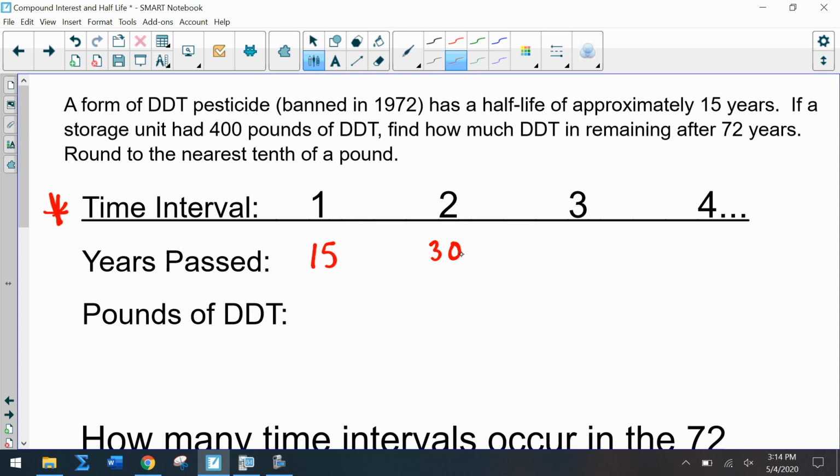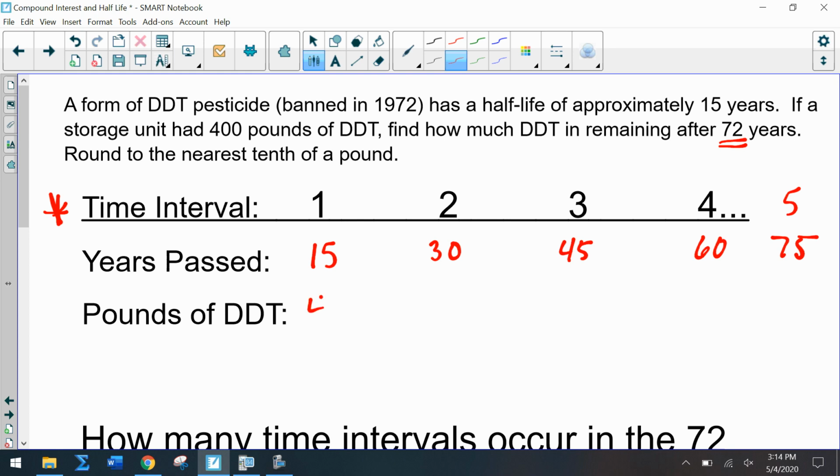After three, 45 years, and 60 years after the fourth. After the fifth, we get to 75, which is higher than 72. So we know somewhere between 4 and 5 intervals, this has been decaying.